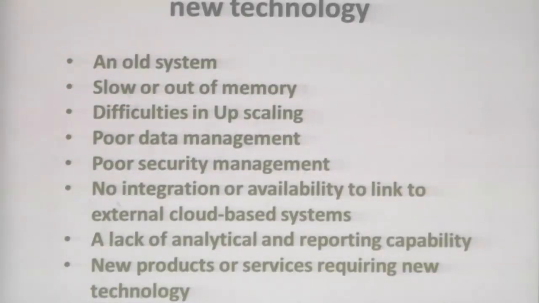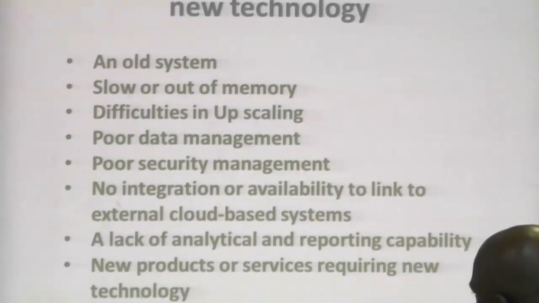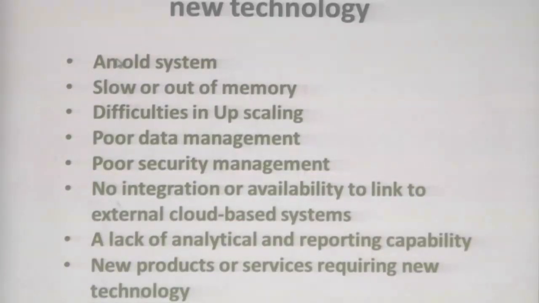Slow or out of memory. Out of memory means the memory provided by the system is not sufficient to process. Let us say when you process something, it takes a long time to process. Normally, at the hardware level, there can be memory chips or hard disks that store the memory.